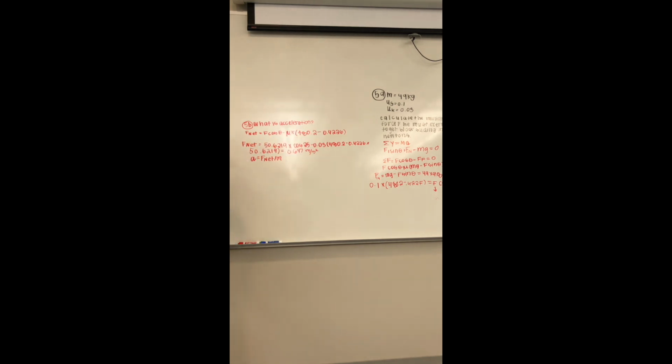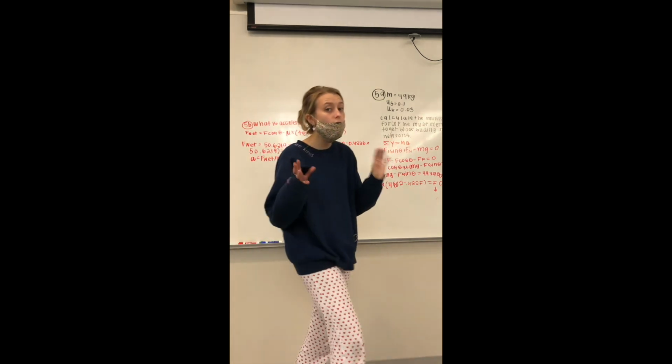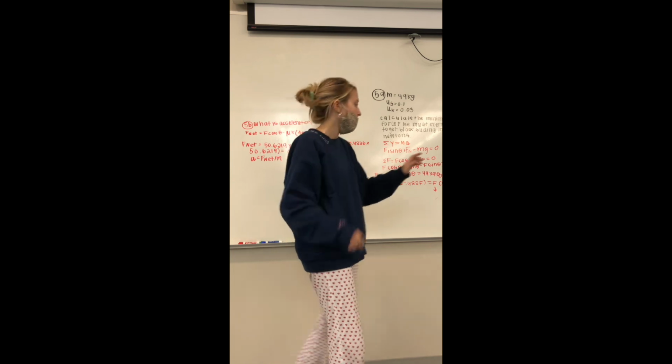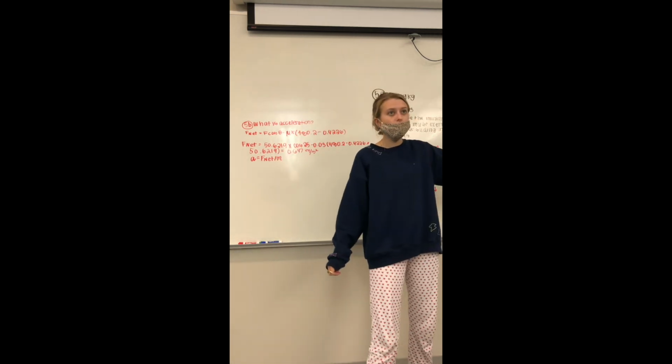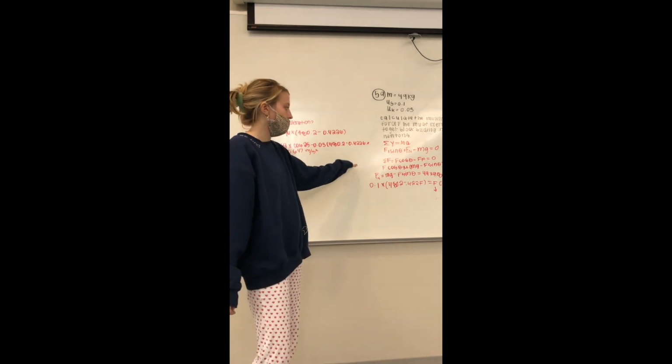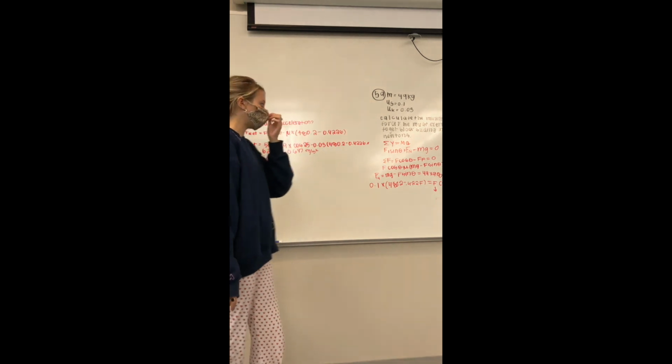Okay, now let's think this through. First off, I'm plugging in my force value that I found, from our total sum of the forces from Newton's second law. Remember, we found 50.622 using this equation and referencing our diagram.